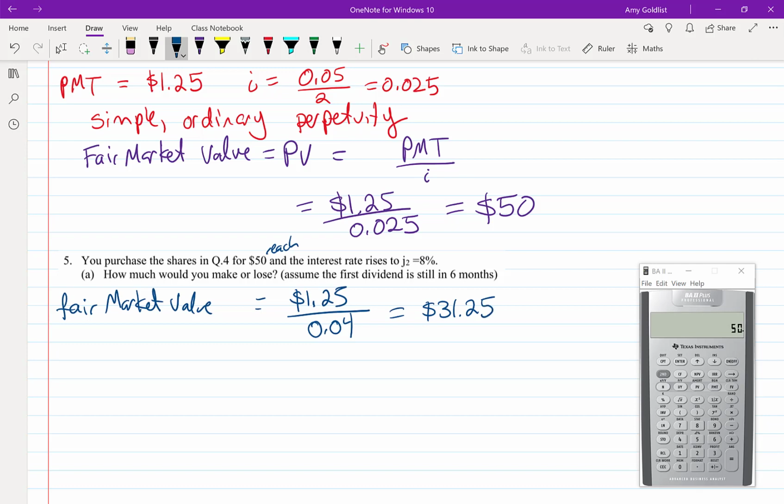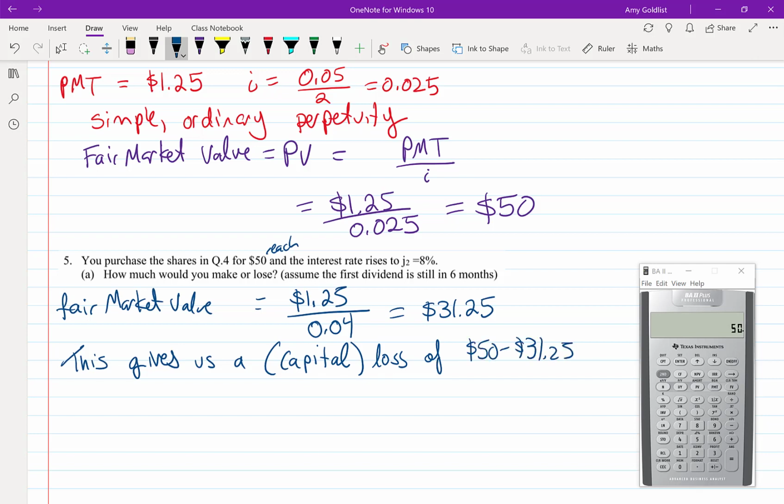So that means we have a loss. I'm putting in brackets here capital because this is a capital loss of 50 minus 31.25 per stock, or $18.75 per share or per stock.